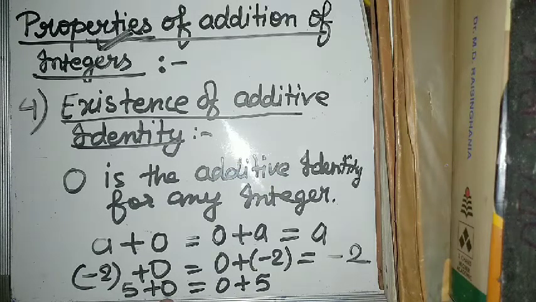If we add 0 to 5 and if we add 5 to 0, in both cases the value is only 5. So this 0 is the additive identity of any integer, because when we add 0 with any integer, the value never changes. I hope all of you understood this existence of additive identity.